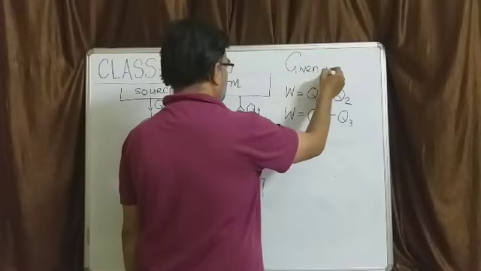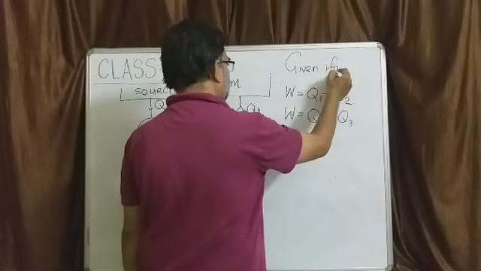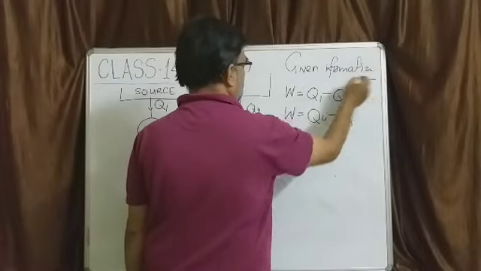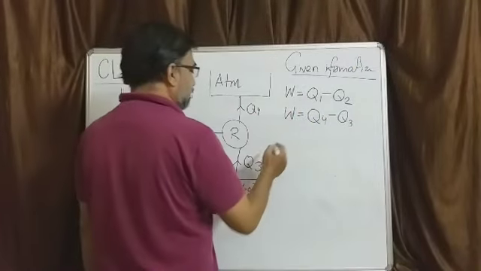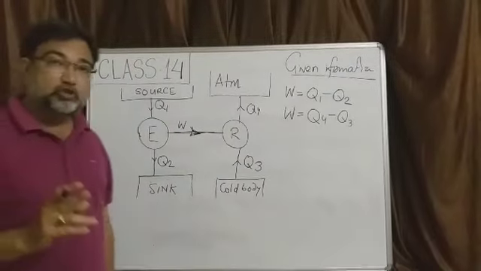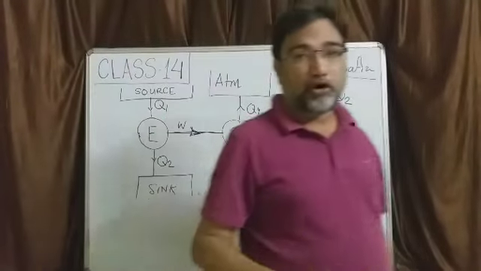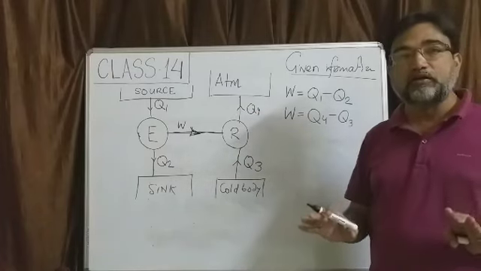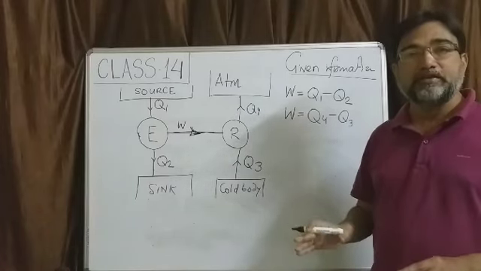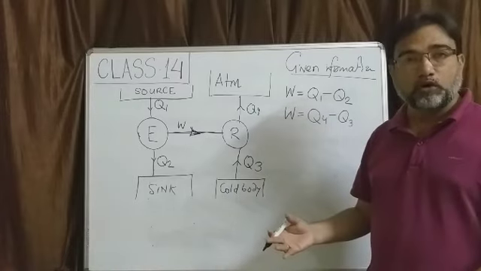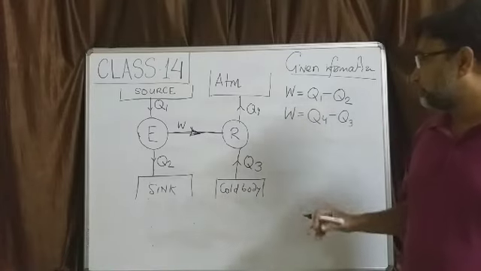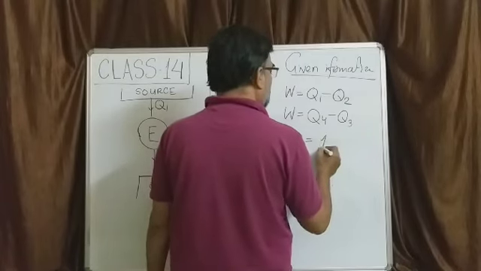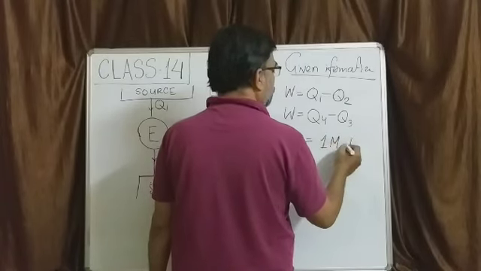Given information or given data is that for every megajoule of heat removed from the cold body, Q1, Q2, Q3, Q4, which term is representing the amount of heat removed from the cold body? That is Q3. So Q3 is 1 megajoule.